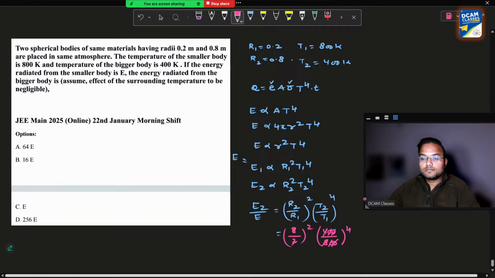So 2 power 4 square by 2 power 4 is 16 by 16, which is 1. That's why we are getting the same answer, E2 is equal to E. Correct only. Why did you get 16E?